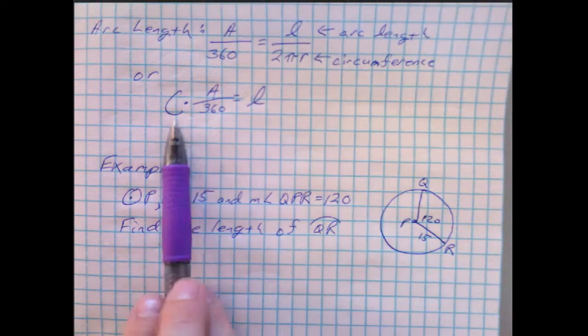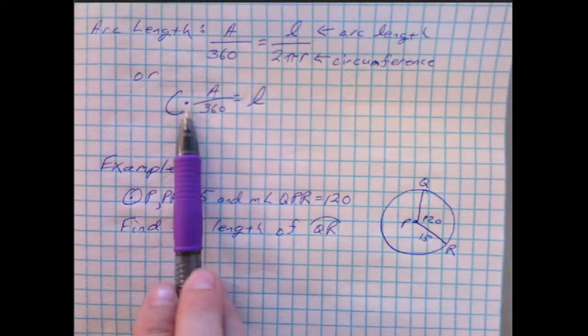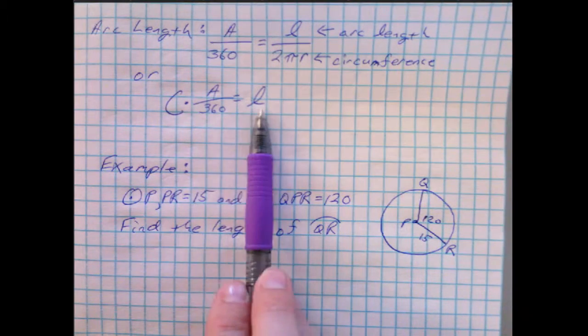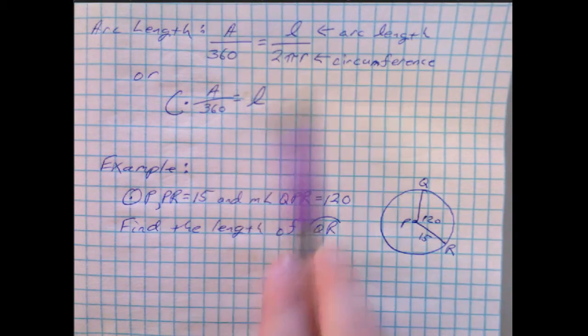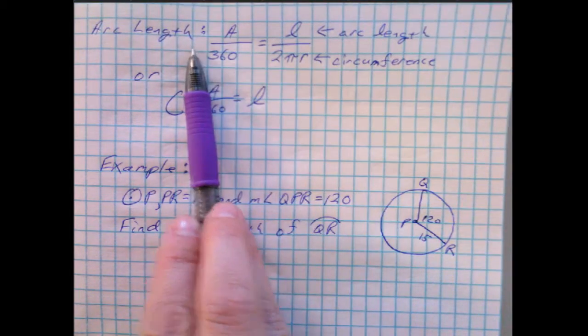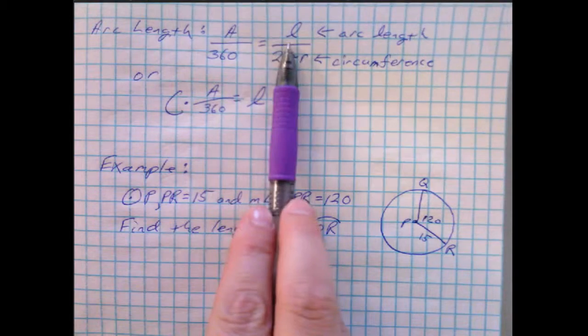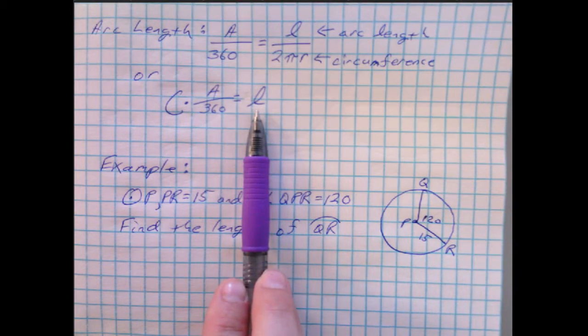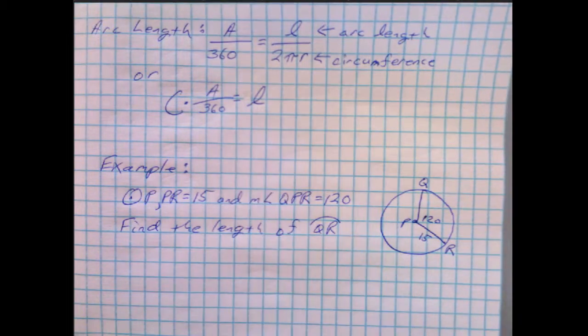Or we can say circumference times A over 360 equals L. Where this comes from is they just took this bottom piece and multiplied it by both sides, so they moved it over here so L is by itself. Because most of the time we're solving for L, so we want it to be alone.